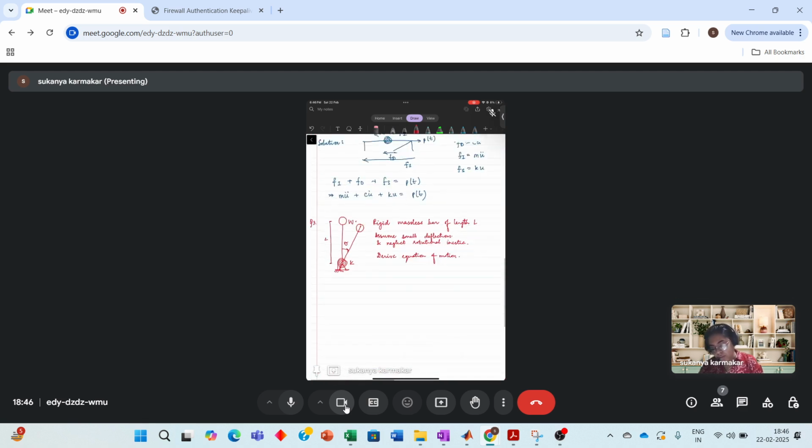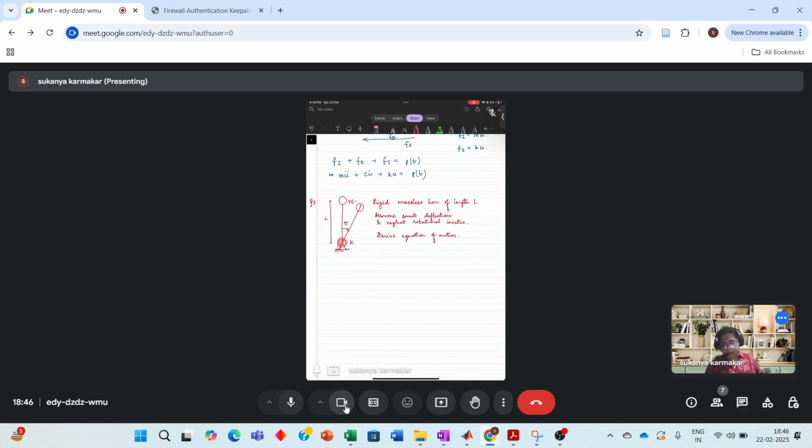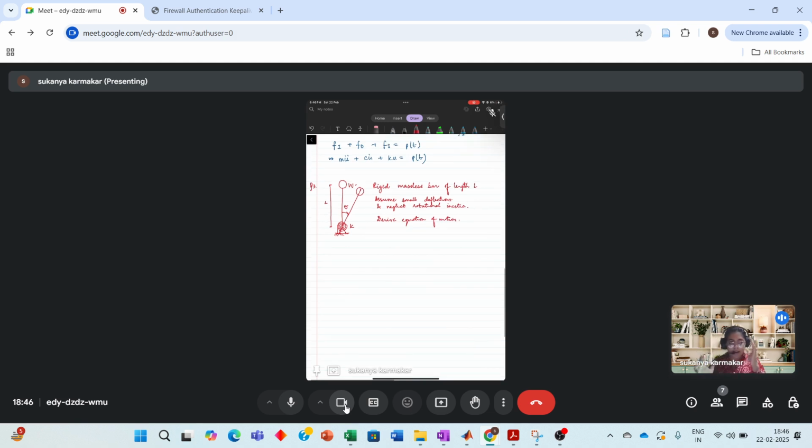Yeah. So let's get back to this question. Could you draw the free body diagram and identify the forces? Similar, the only change is earlier we had a linear spring and here you have a rotational spring.